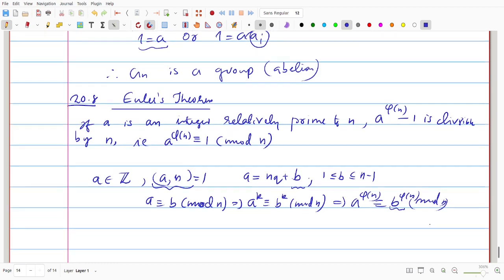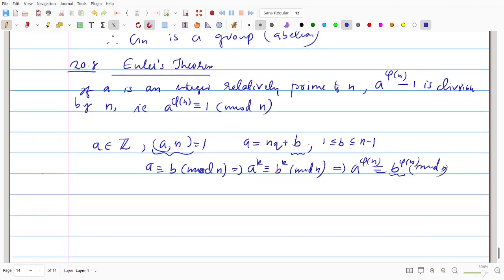We already proved that b is a member of Zn, because b is between 1 and n minus 1. We know that GCD of a comma n is equal to 1, which means GCD of b comma n is also 1. Clear? Because the common divisor of a and n is always 1, the same holds for b and n.